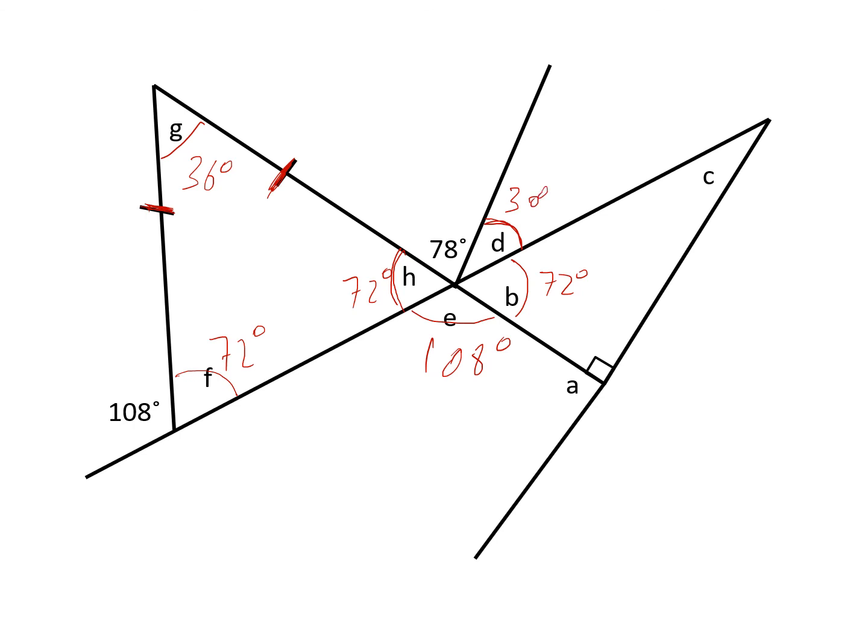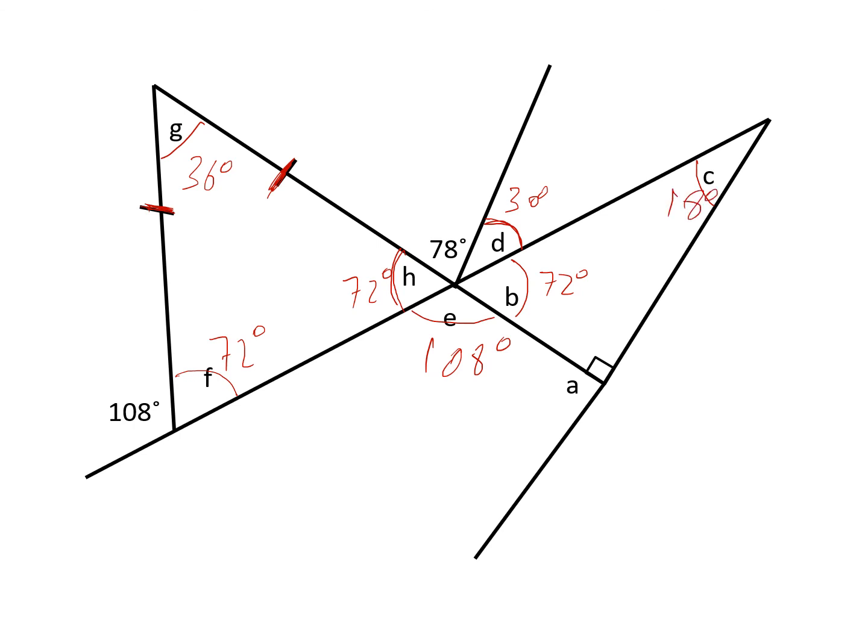Now we can solve for c as well. Since this is 90 and this is 72, how much must c be? Since angles in a triangle add up to 180 degrees, 180 minus 90 minus 72 will give us 18 degrees.